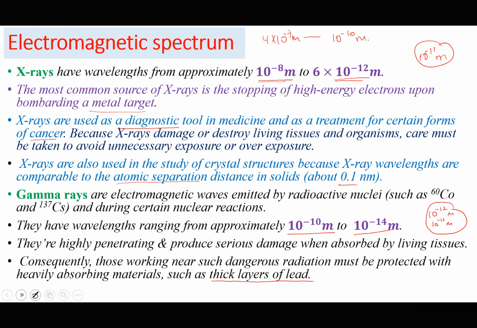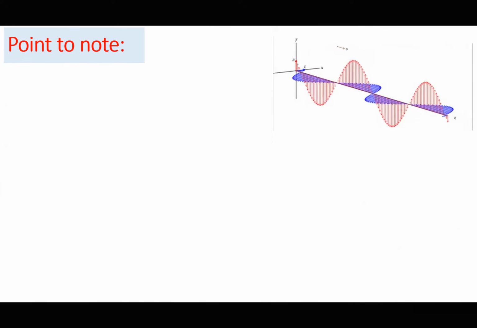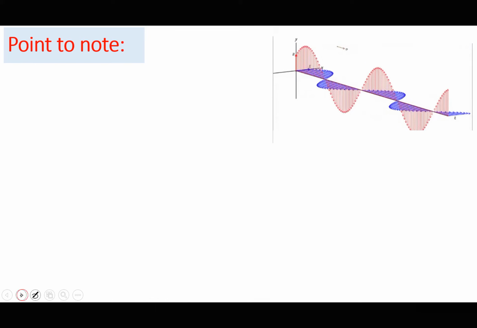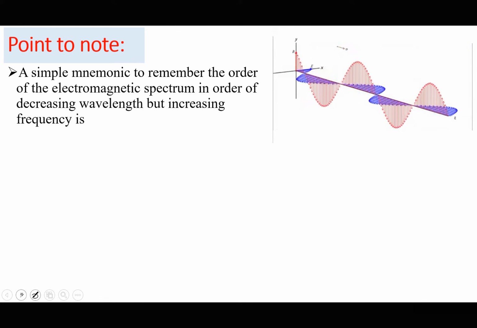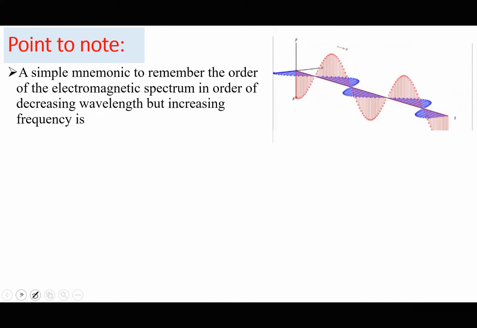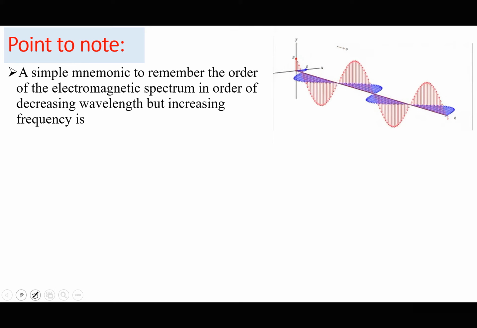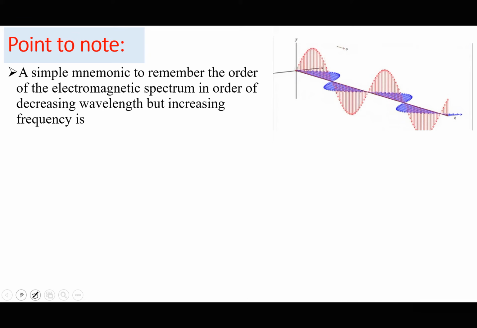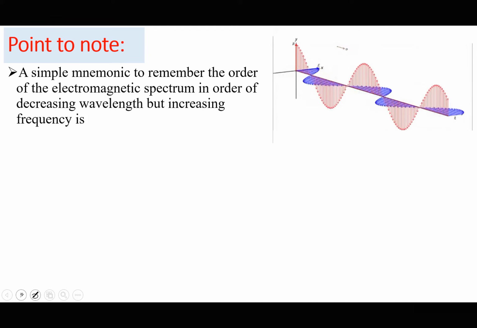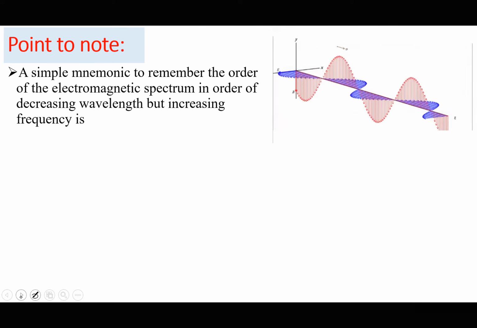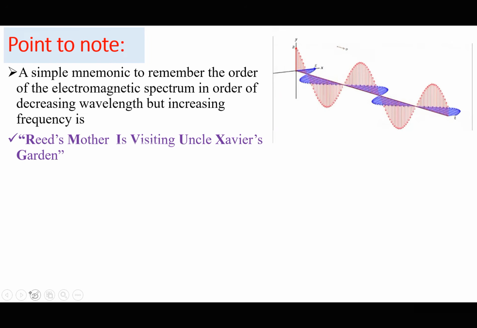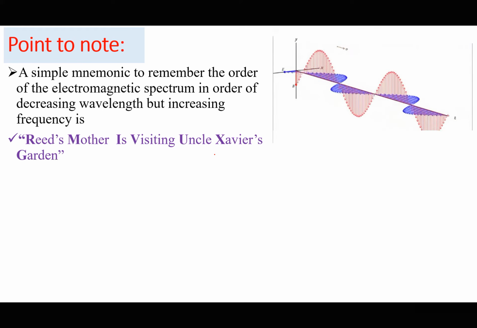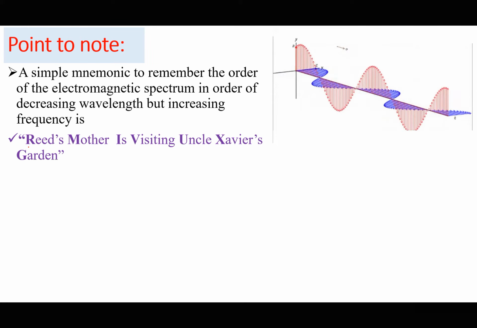A few things we need to note here. The first one, a simple mnemonic to remember the order of the electromagnetic spectrum in order of either decreasing or increasing frequency, or in order of decreasing wavelength and increasing frequency, could be: Reed's mother is visiting Uncle Xavier's garden, where we take out the first letters.